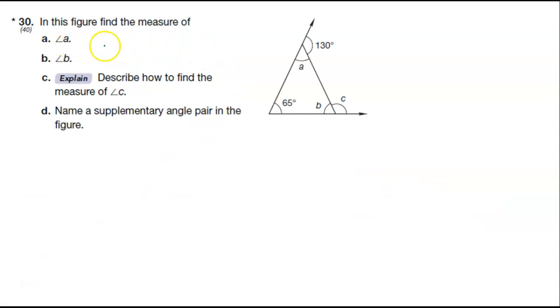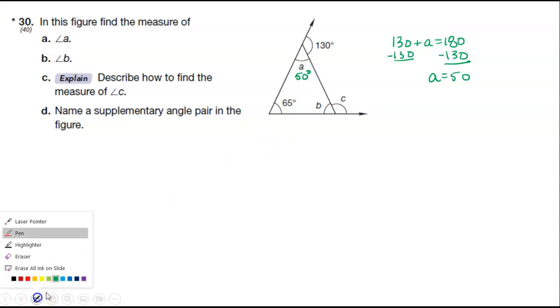Okay, and last question. In this figure, find the measure of A, B, etc. So if this is 130, I know that 130 plus A is equal to 180. So if I subtract 130, A is equal to 50. So this is equal to 50.